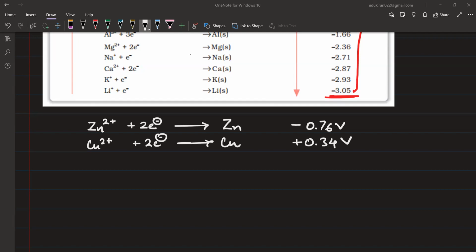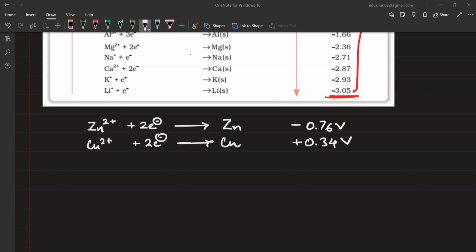Nawal, can you please repeat 10 times for me? If it is spontaneous, it will have positive volt. Tell me, Nawal. I told you right now, no? If it is spontaneous, it will give me electricity. If it is giving electricity, then it is going to be having positive volts. Tell me, repeat it. Turn your mic on. It's spontaneous.